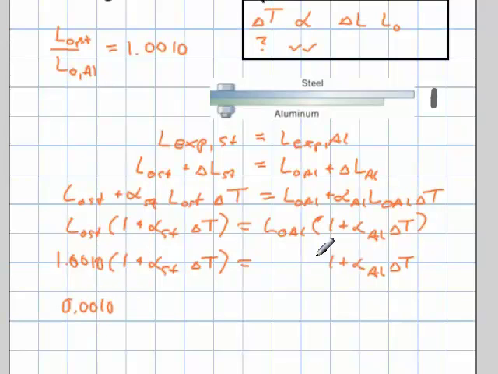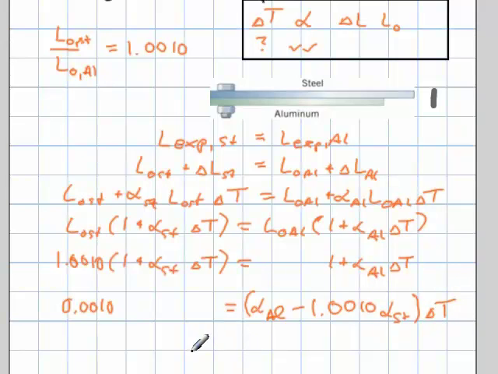And then on the right hand side I subtract this here, multiplied of course with this one here, from this one here, so I'm going to have alpha aluminum minus 1.0010 alpha steel. So notice this one minus this here, multiplied with that 1.001, and then factored out the delta T. That's why I didn't write the delta T down yet. Delta T.